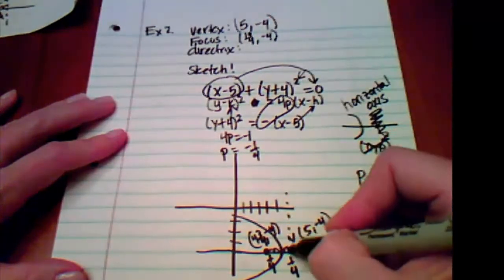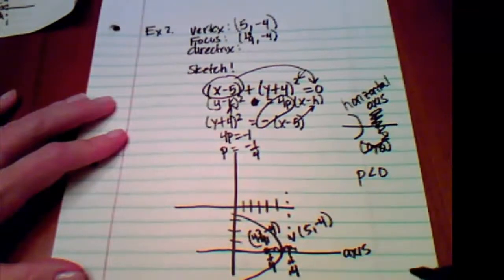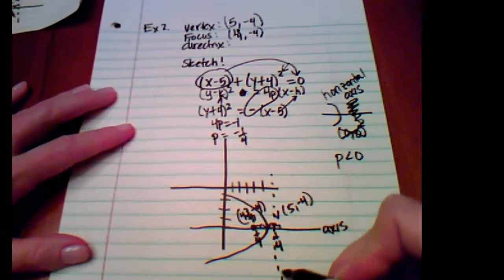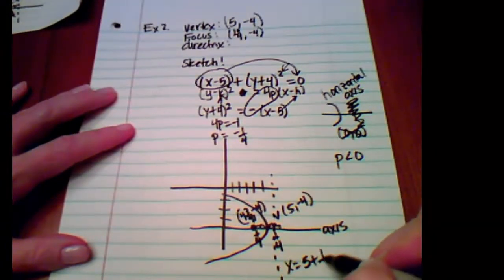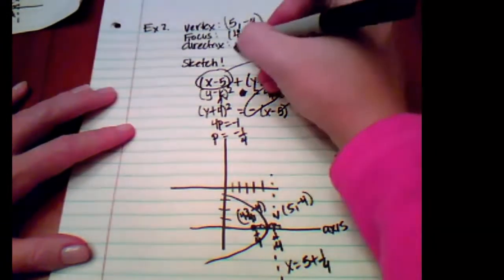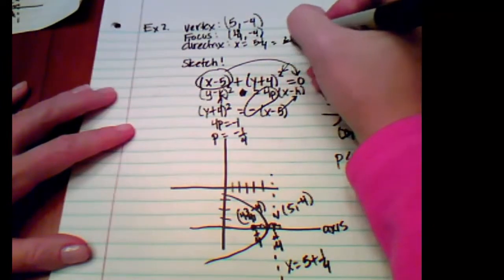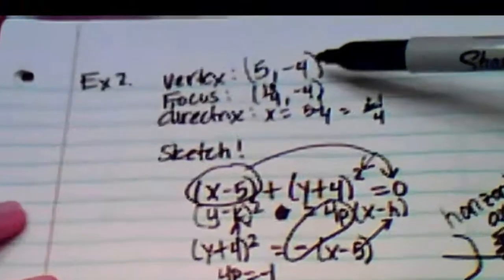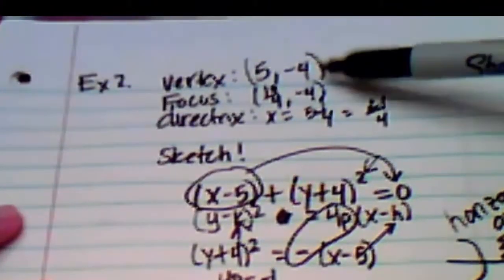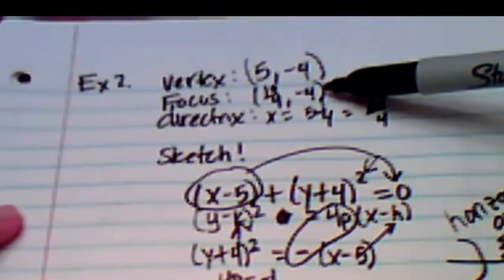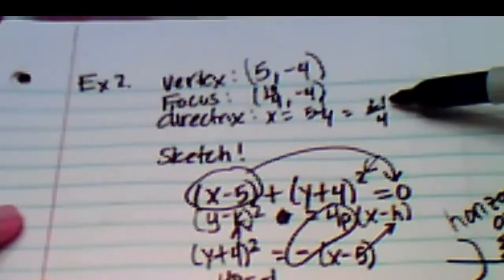My directrix is going to lie 1/4 unit to the right of the vertex. So that means this is going to be x equals 5 plus 1/4, or x equals 5 1/4, or 21/4. So the vertex of this equation was (5, negative 4), the focus was (19/4, negative 4), and the directrix was x equals 21/4.